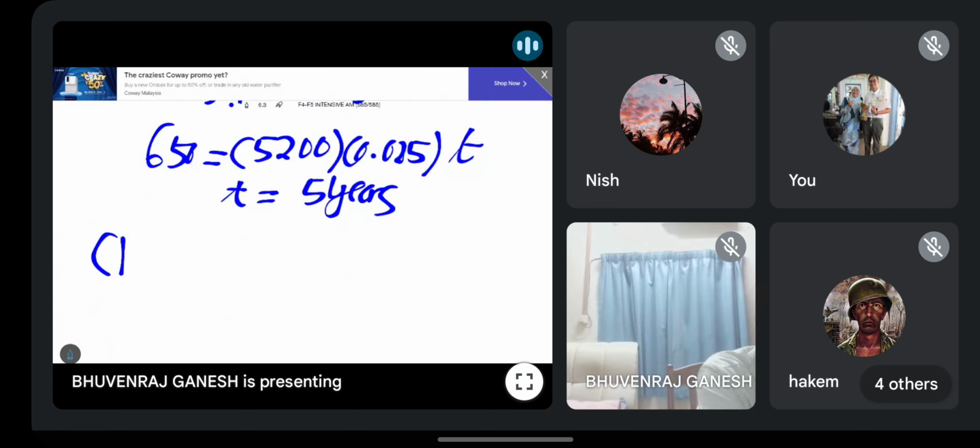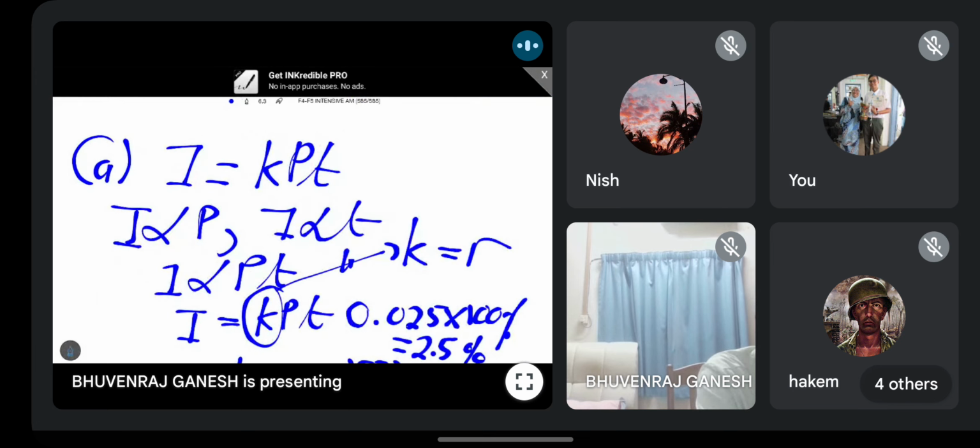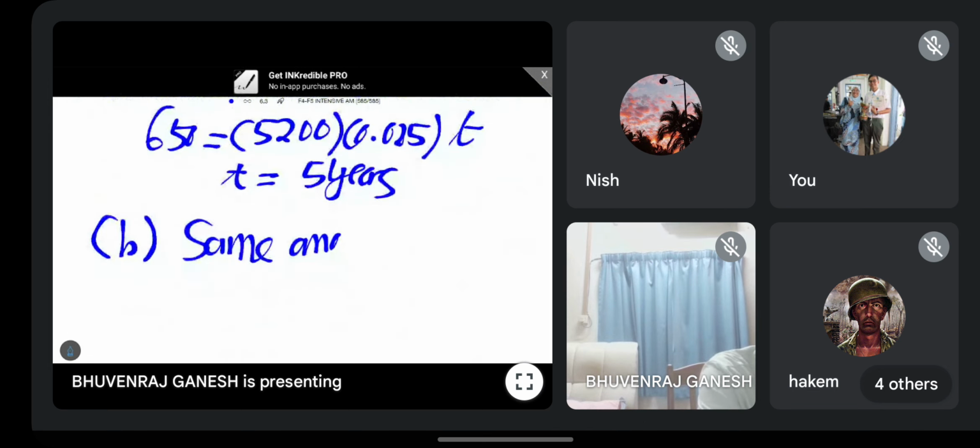So the last question, part B. Okay, this one came out a bit. So they say that you want the same amount of interest. Sorry. Okay, dia nak jumlah faedah yang sama, same amount of interest. Okay, but got condition.